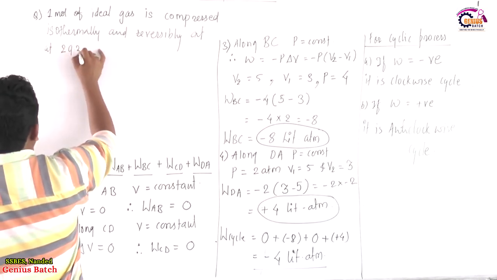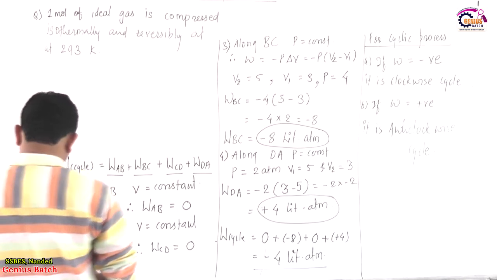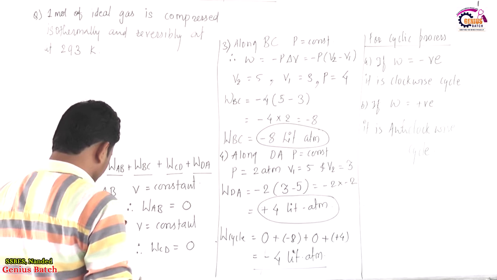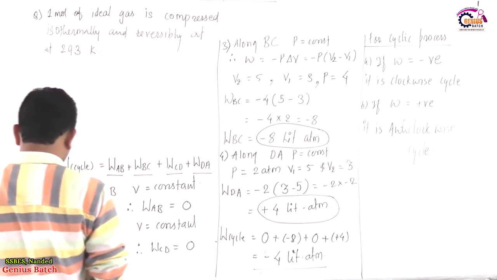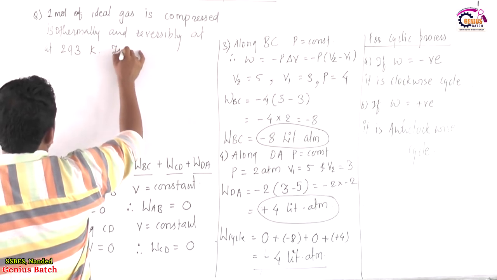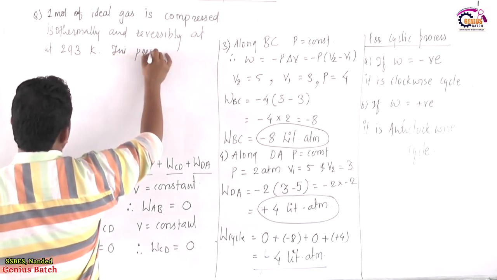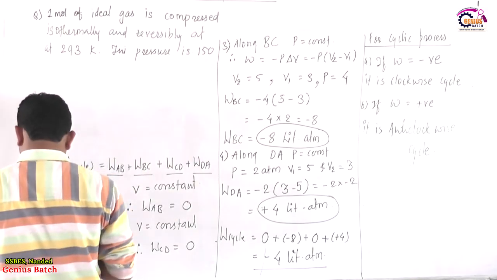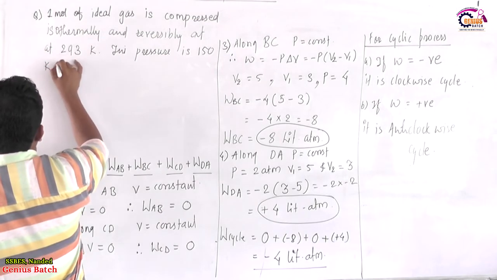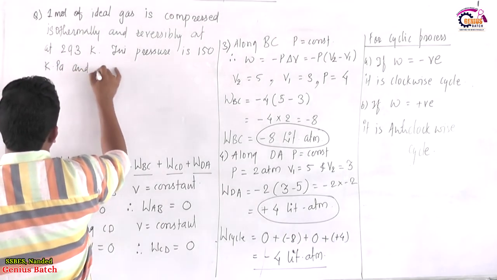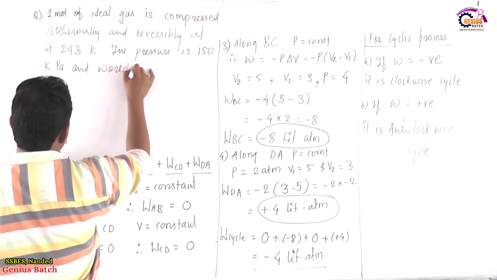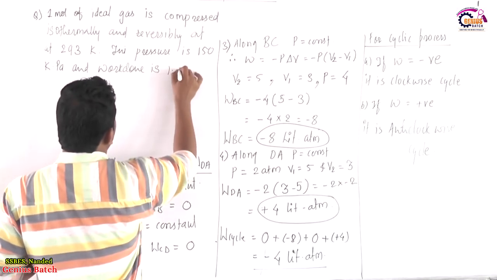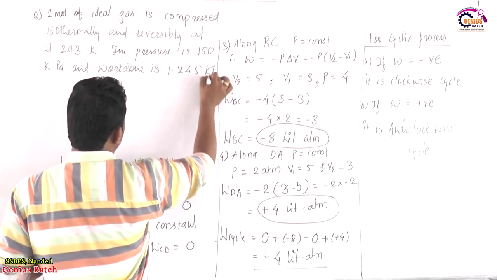Initial pressure is 150 kilopascal and work done is 1.245 kilojoule.